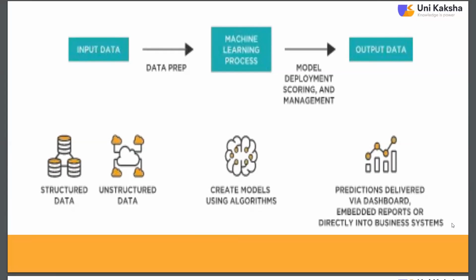But unstructured data means, suppose you get the data set from a different website. They have different requirements, and the customers are not filling in the data in a structured way.